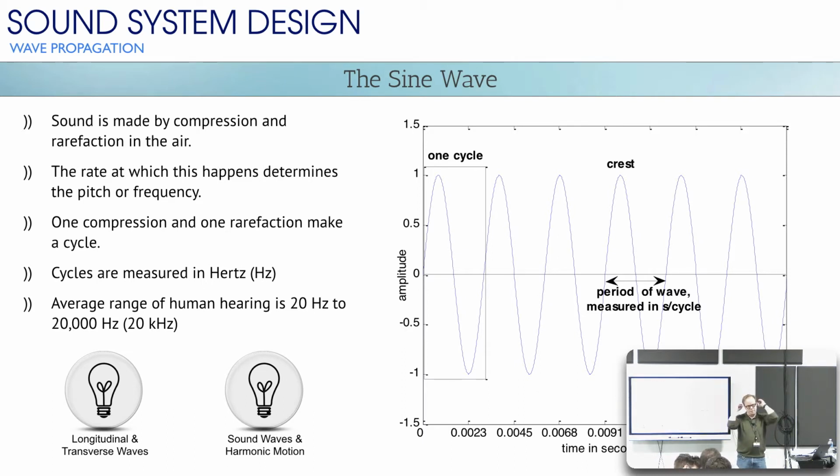And you happen to have a tool inside your head that can convert that air moving into a sensation that you interpret as sound. We call the squishing together of the air compression, and the stretching apart of the air rarefaction. Depending on how fast that goes, that dictates pitch or frequency.